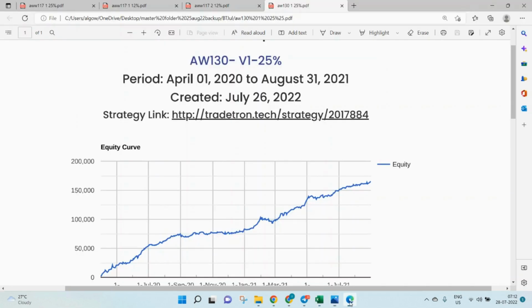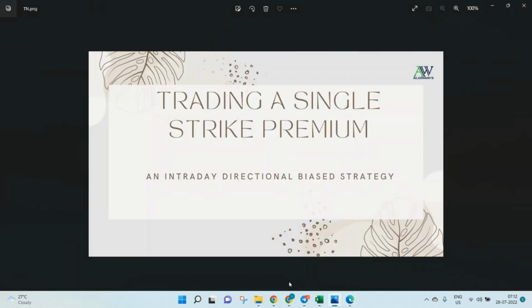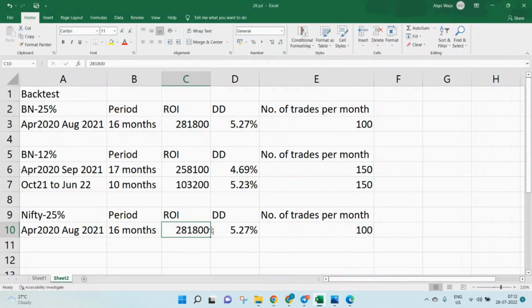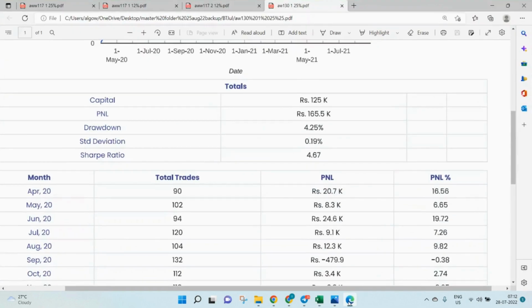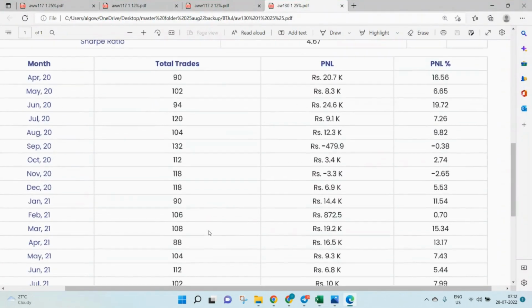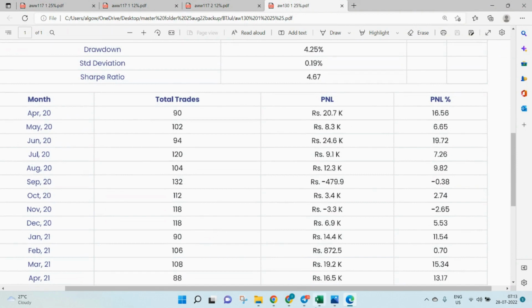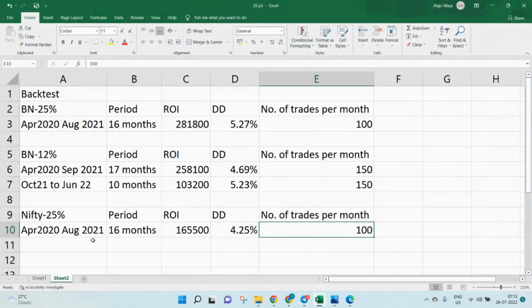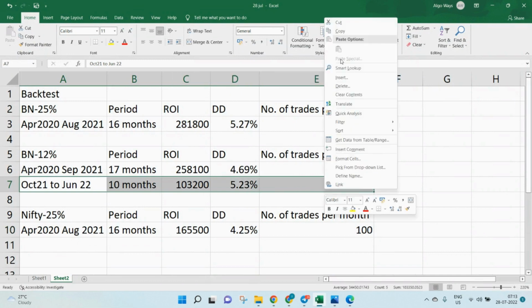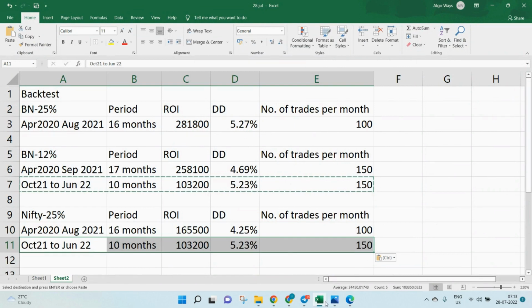ROI is 165,500. The drawdown is 4.25%, and the average number of trades is again 100. Some are above 100, some are below 100, so we will take the average as 100. That is right. And for this particular period also we have data for the 25% scenario.